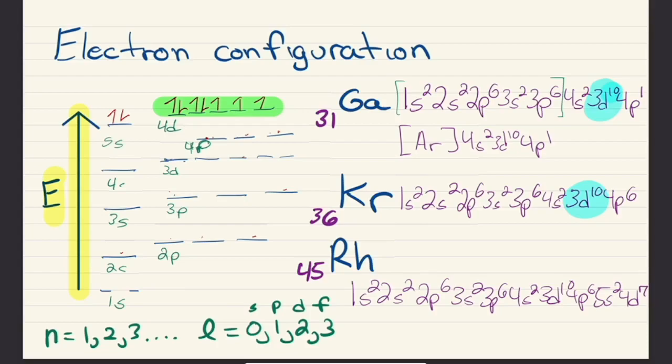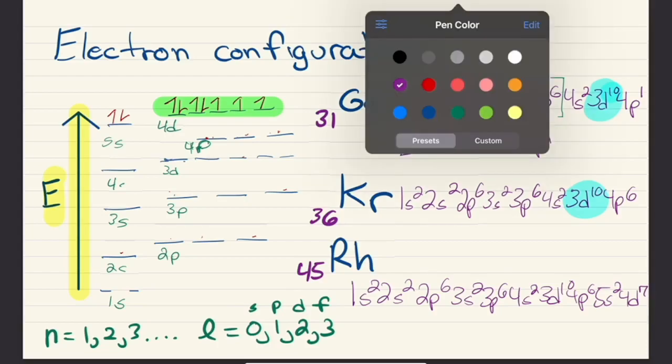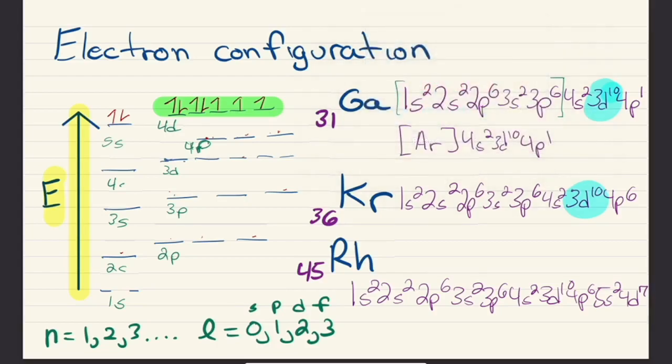I will now utilize 1 electron in rhodium for studying quantum numbers. Just as a quick review, remember that quantum numbers, let's say we wanted to pick the last electron entered into rhodium, which would be that 7th d electron here.